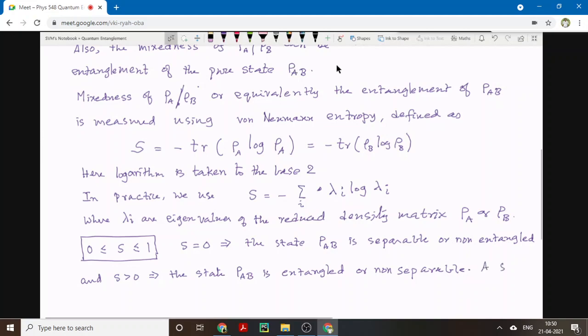Now a state rho AB for which S is equal to 1 is maximally entangled.